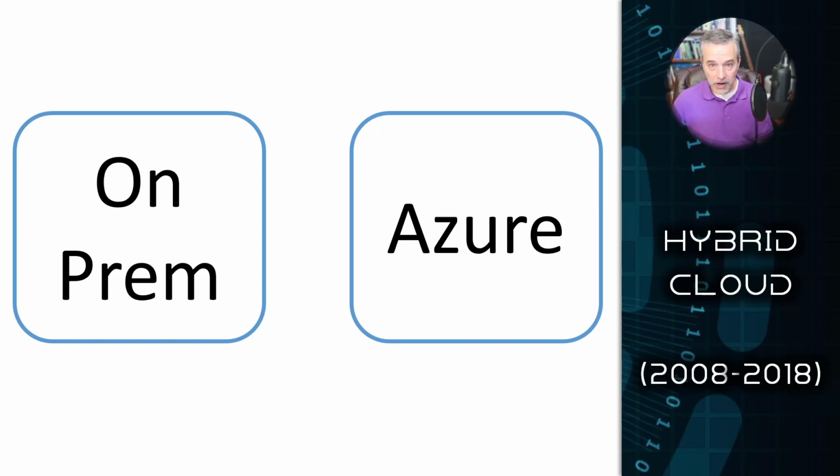So figuring out how to make these two work together is where we ended up creating hybrid cloud. And hybrid cloud was basically treating the public cloud as an extension of our on-premise data center. And we were basically using the same patterns and principles in the public cloud that we're applying on-prem.